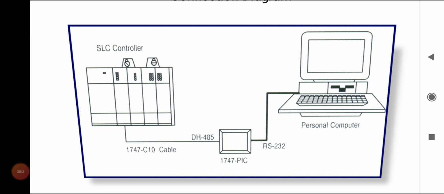By using a personal computer with an RS-232 cable, it is connected to the 1747 PIC, and through the DH485 cable, that is the 1747 C10 cable, it is connected to the SLC controller.